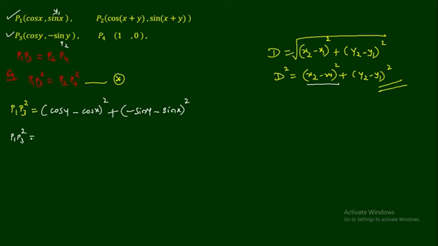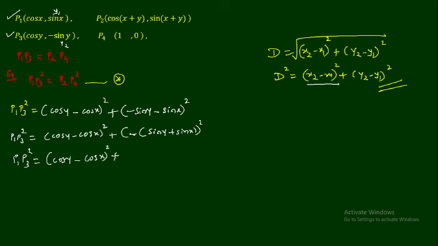P1P3 whole square is equal to, this step I'll take as it is, no changes, cos y minus cos x the whole square, plus here I'm going to take minus common, a very important step, minus common, then sin y plus sin x the whole square. Take minus common there to have it in a simple way. So P1P3 whole square is equal to, again keep this term as it is.